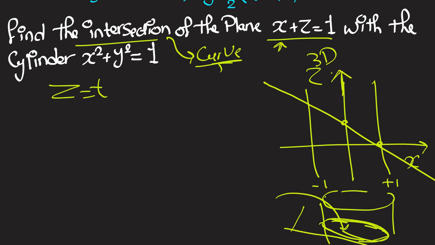Z equals t, this means that x equals 1 minus t.